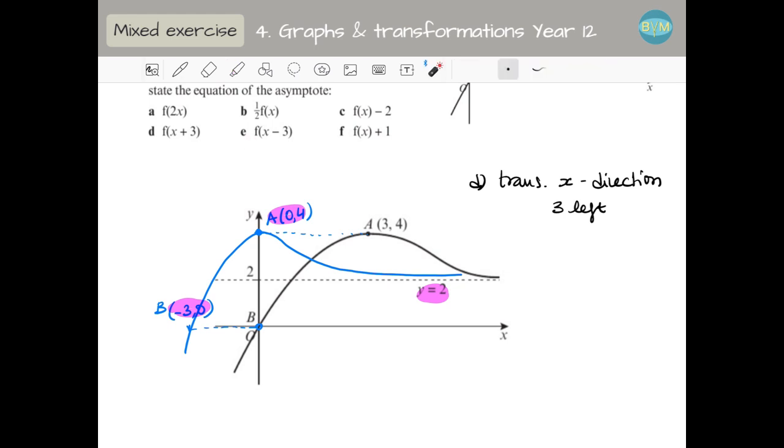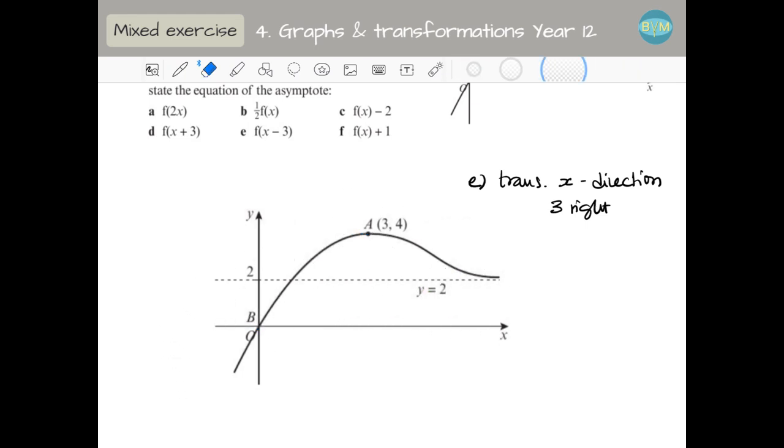Then for E, I am moving 3 right. So it's a translation in the x direction, 3 right. So let's see where the points go. The asymptote doesn't change because it's horizontal, but this point moves 3 to the right, so A is going to be (6, 4), and B is going to go 3 right, so it's going to be (3, 0).